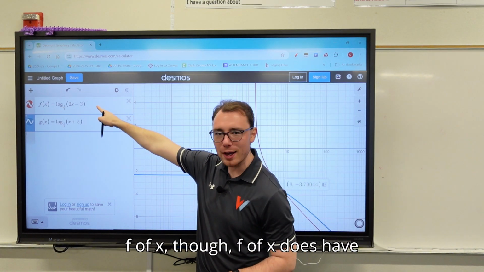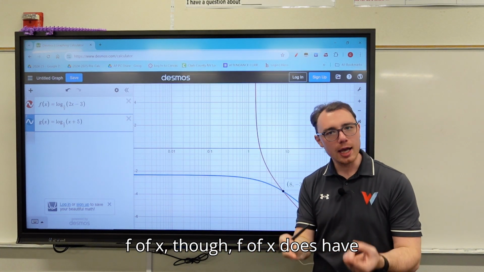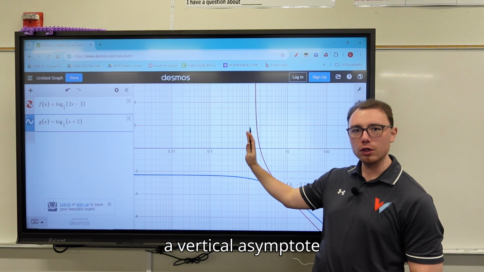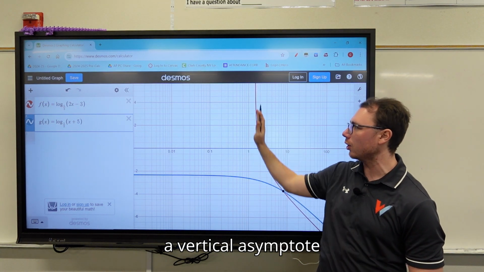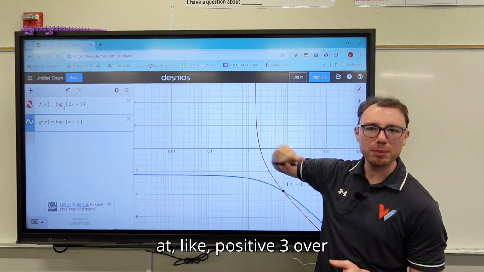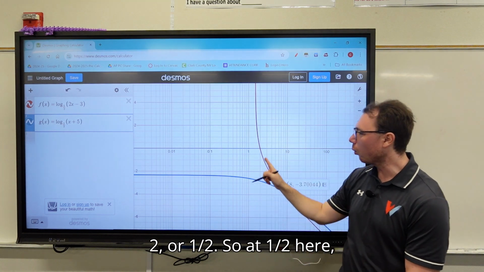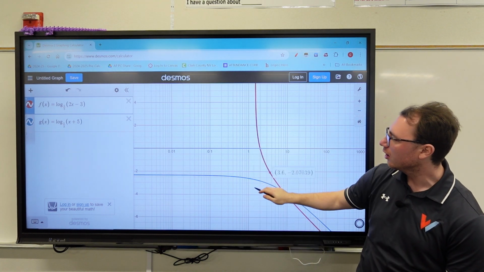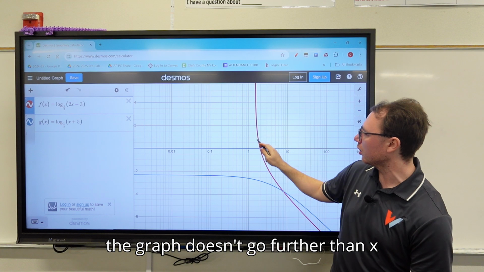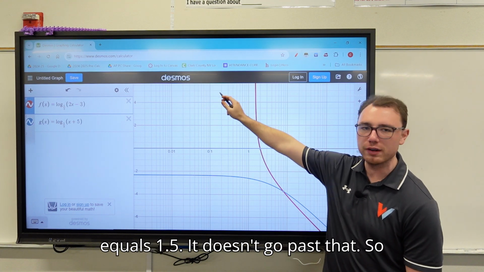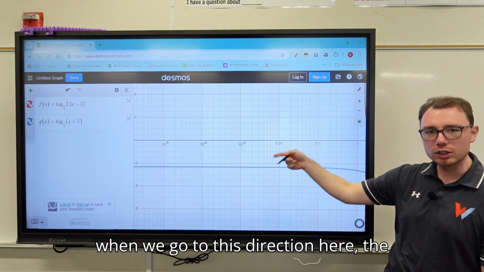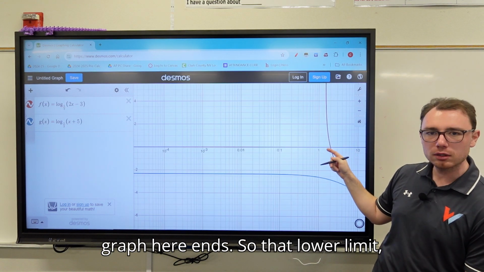Notice that for f of x though, f of x does have a vertical asymptote at positive 3 over 2, or 1.5. So the graph doesn't go further than x equals 1.5. It doesn't go past that. So when we go in this direction, the graph ends.